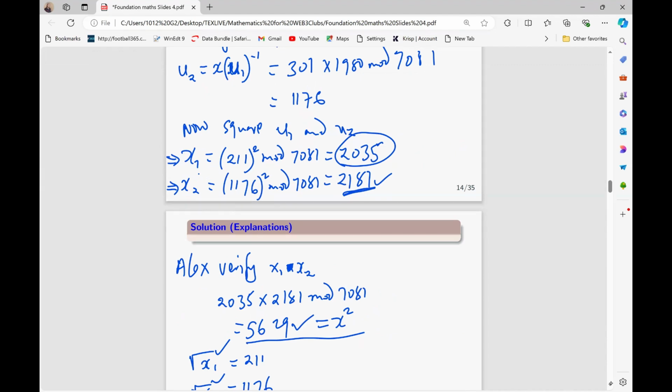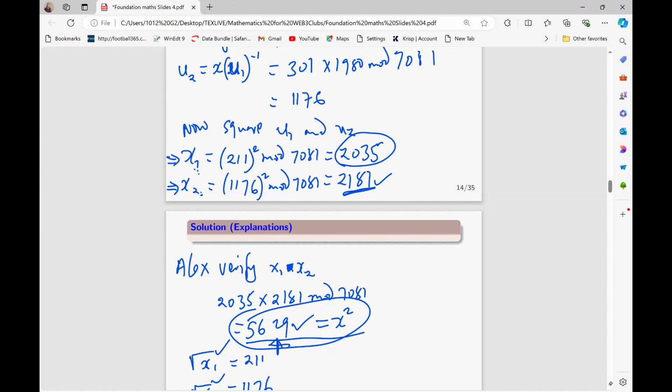He showed Alex that he can use some steps and give him the X square. Then using those steps, Alex wants to verify whether he can get the square root of X1 and the square root of X2. If he can get the square root of X1 and X2, it means he can get the square root of this number. That's what Alex wants to confirm. And of course, I repeat, Cyprian began by showing Alex that using some moves, he can arrive at X2.